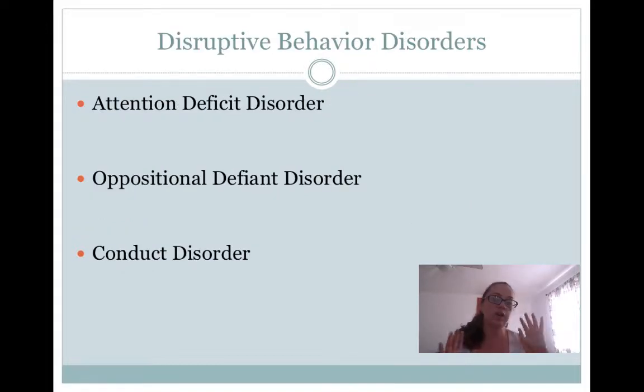All right, so we know about ADD, or more properly called attention deficit hyperactivity disorder, ADHD. But there's also two other, I guess you could say infamous ones, oppositional defiant disorder, ODD, and then conduct disorder. And these are basically a badly behaved kid, a bratty kid, but it's more serious than that.